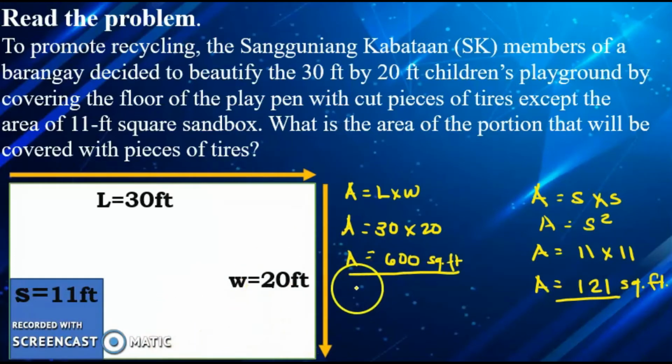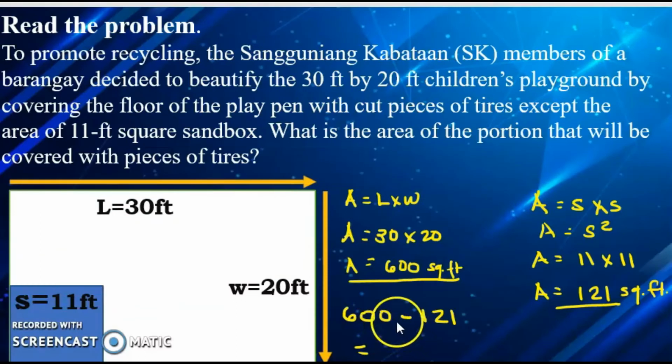Okay? So, that is 600 minus 121. And the answer is ilan? So, 600 minus 121. So, the answer is 479 square feet.